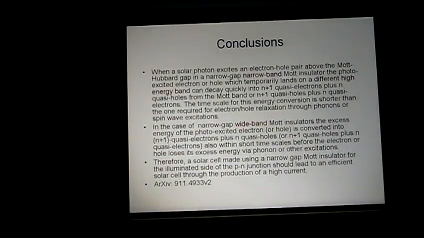So you end up with two electron-hole pairs, or multiple actually. If you have a very narrow gap, you can have n plus 1 quasi-electrons and n quasi-holes in this decay process. And this increases the photocurrent.